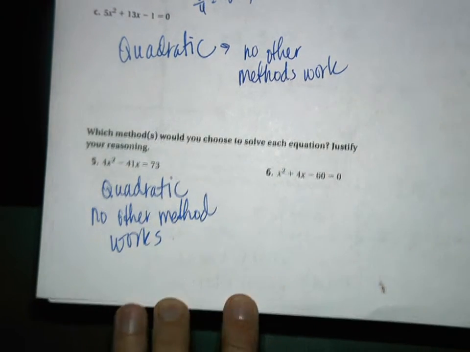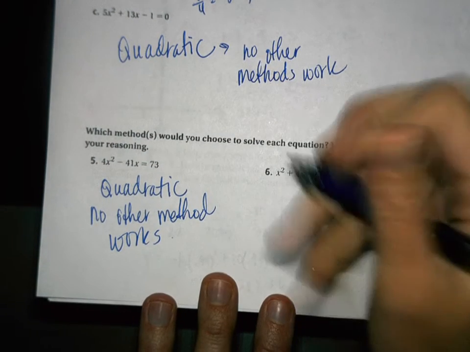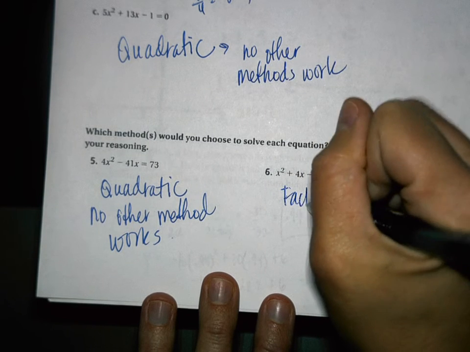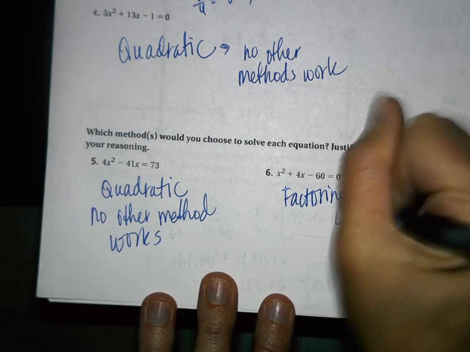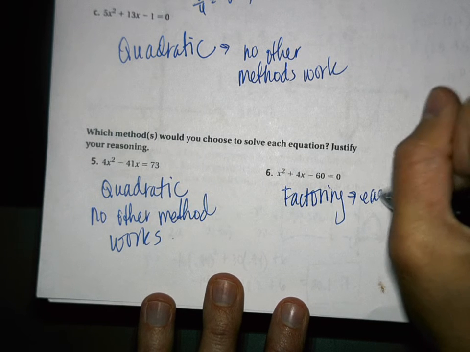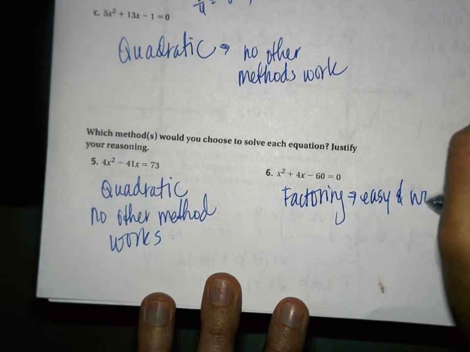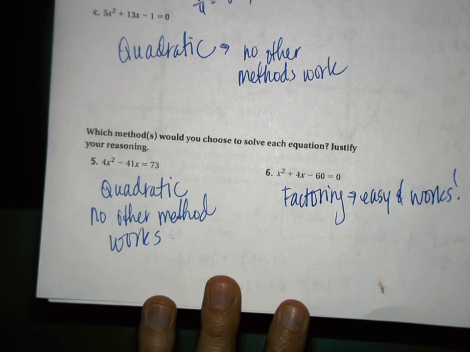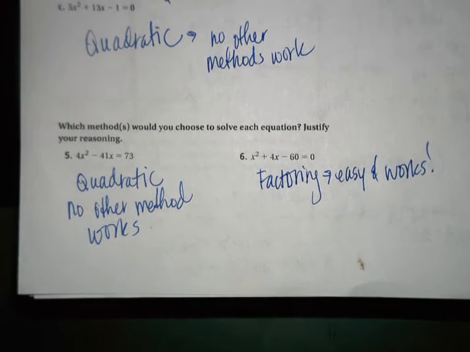Okay, what do we do on number 6? Probably factoring, or you could also do completing the square, but I'd probably choose factoring because it's easy and it works. Okay, any questions? Nope. Okay.